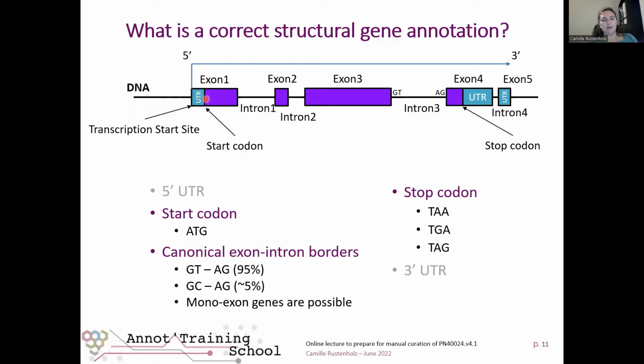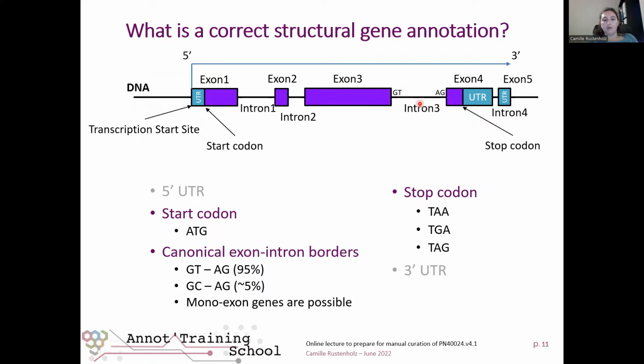Then at the start codon starts the coding sequence, what we also call the CDS, which is in purple here, and it stops with a stop codon here. And you may also have at the 3' end a UTR, an untranslated region. Both UTRs, at the 5' and the 3', may also be split by introns.